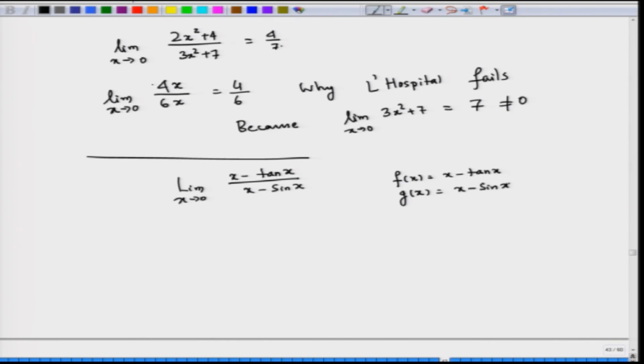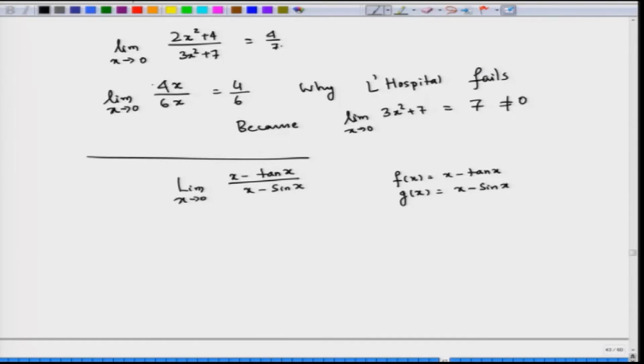Now, of course, this f is a differentiable function on the open interval minus pi by 2 to pi by 2 and g is a differentiable function everywhere. So, we can consider any small interval around 0 in which both f and g are differentiable.